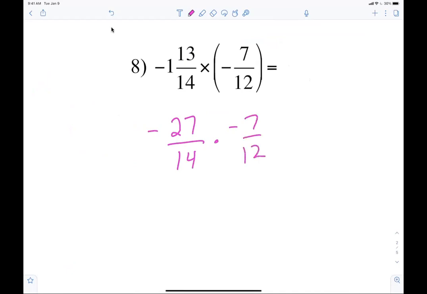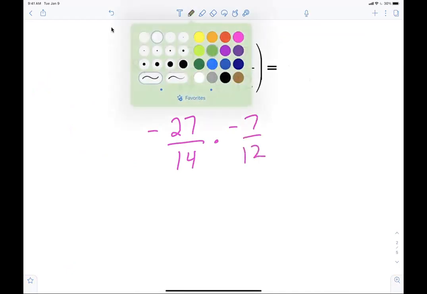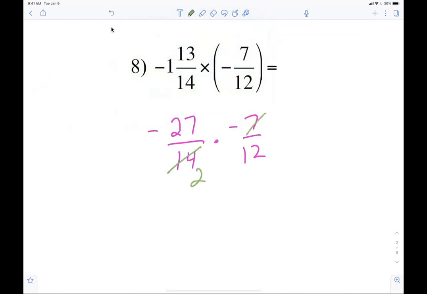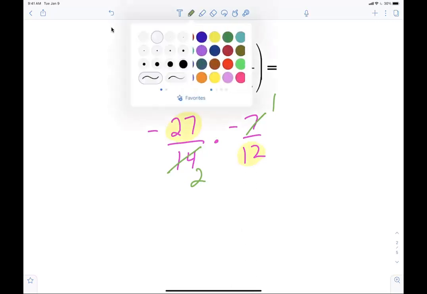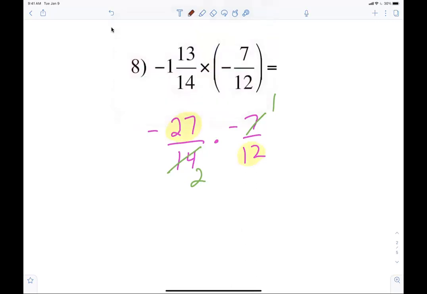Now what? You cross cancel 14 and it becomes 2, and then 7 becomes 1. Now what? You would multiply... Remember, look at the 12 and look at the 27. Is there anything common? What goes into 27 and 12?